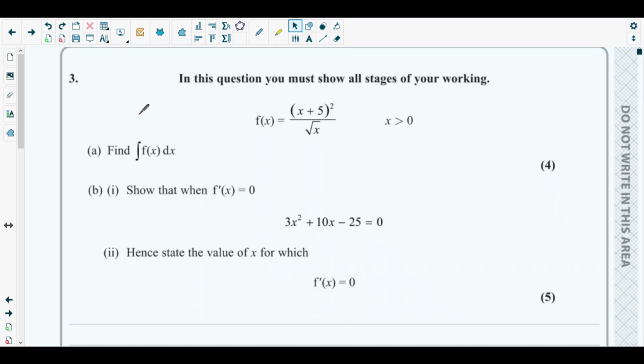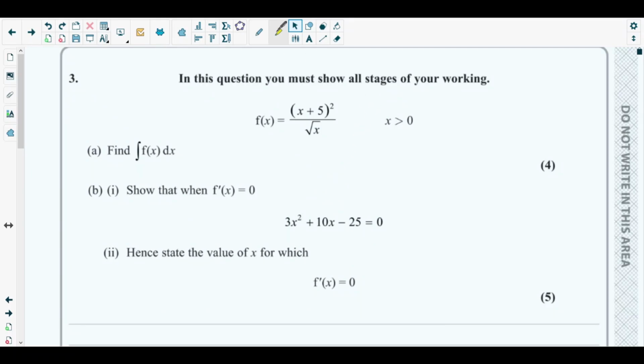The concepts behind question number 3 are from the calculus syllabus of your Pure Mathematics 1. Calculus covers differentiation and integration, which are discussed in chapters 8 and 9 of your Pure Mathematics 1 textbook. So let's get started with question number 3.